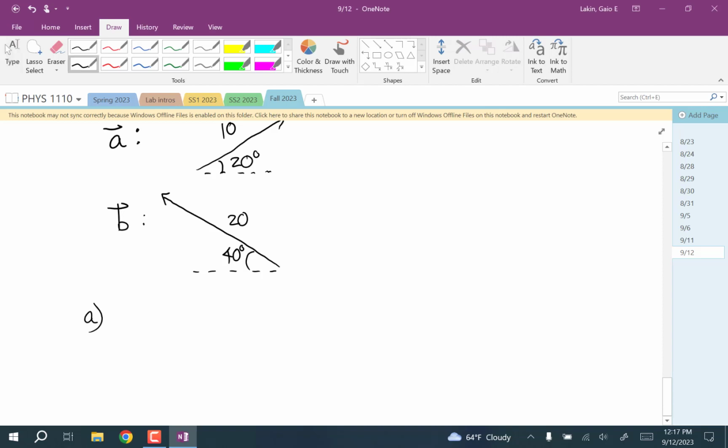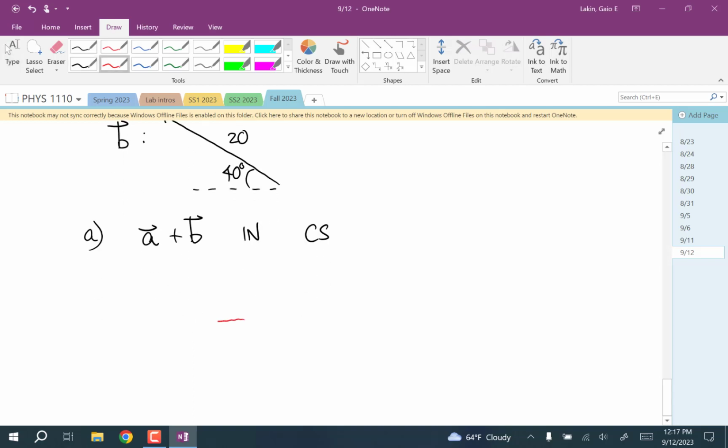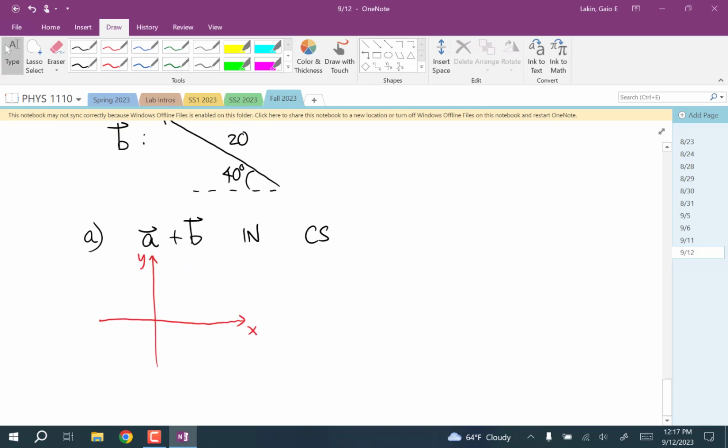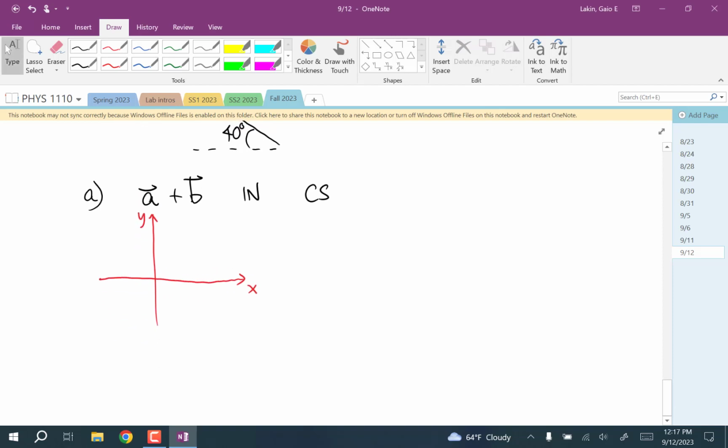We want to calculate first A plus B in a coordinate system like the one we're used to. Then we'll do another coordinate system. Hopefully this will show you how all these pieces work together.